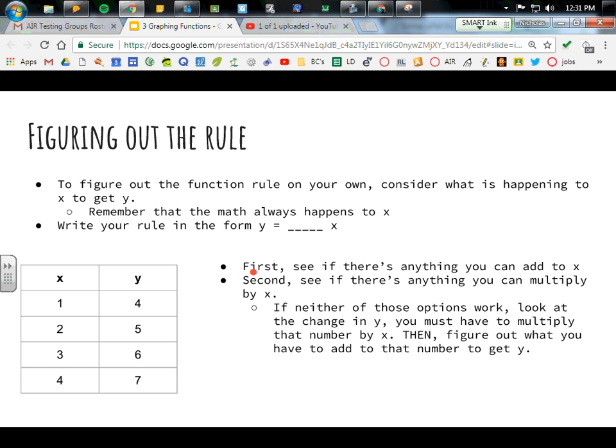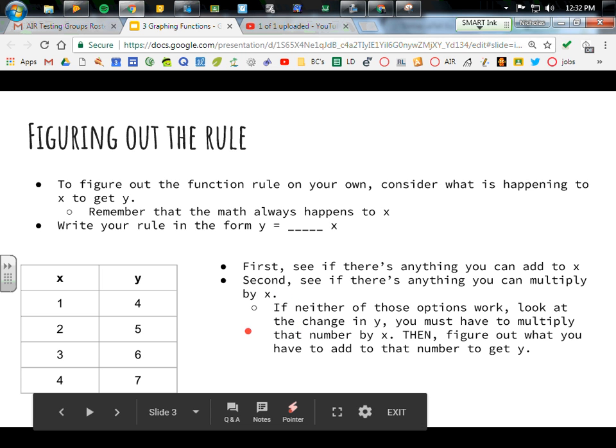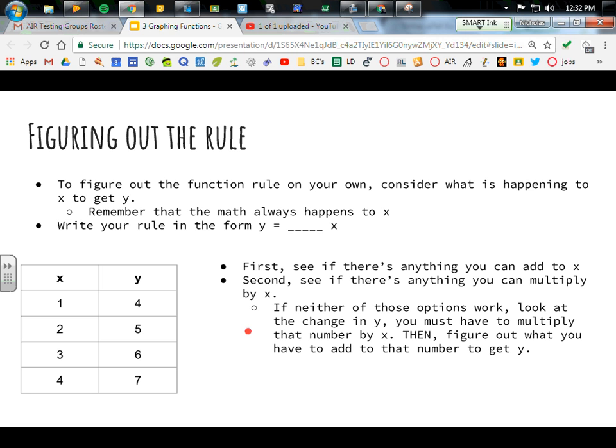If that doesn't work, see if there's anything you can multiply by x to get y. And if neither of those two work, look at the change in y, how much y increases or decreases. Whatever that number is, you multiply that by x, and then you have to figure out what you should add to that answer to get y.